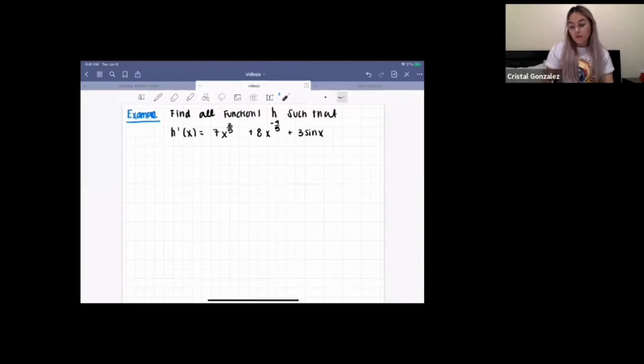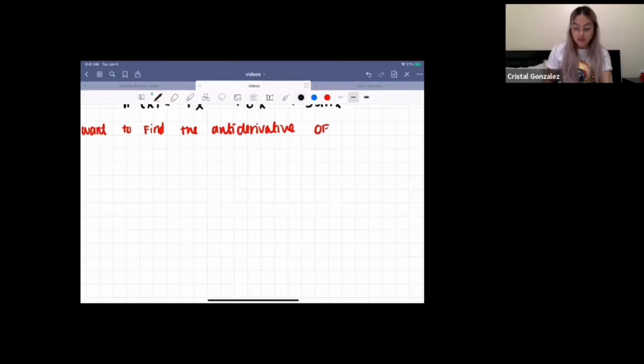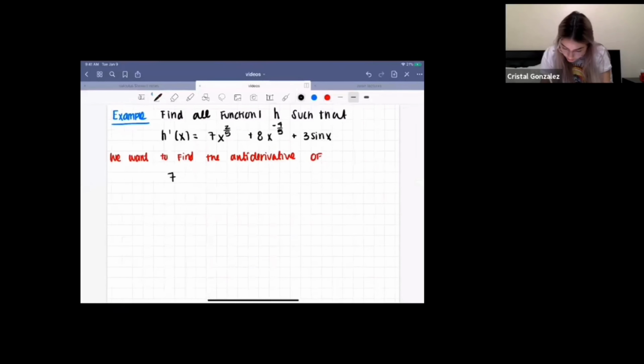Okay, so we want to find that antiderivative. So you have this in your notes, the antiderivative of, and then what we're going to do here is just write the original function that they have here: 7x to the 2/5 plus 8x to the negative 4/5 plus 3 sine of x.